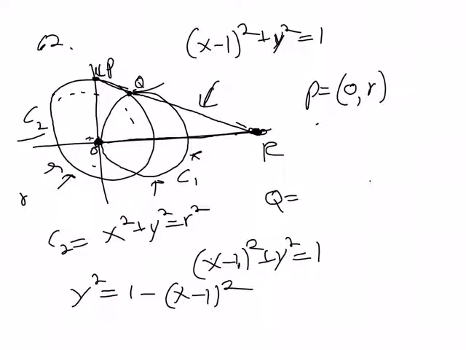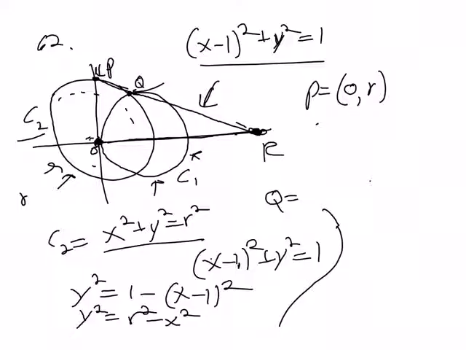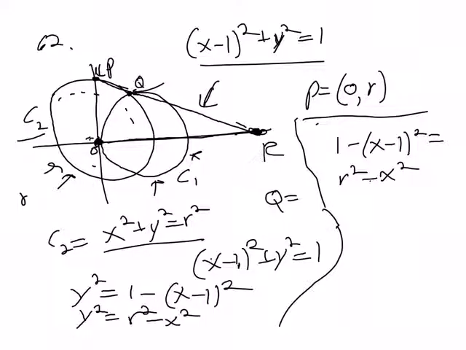And from the other equation, we get y squared equals r squared minus x squared, right? So now we want to set them equal to each other. We get 1 minus x minus 1 squared equals r squared minus x squared.